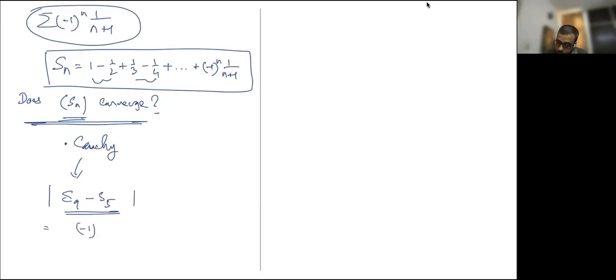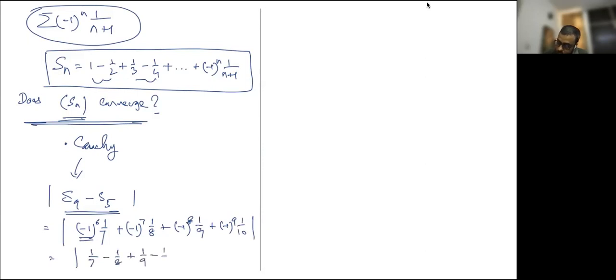So minus 1 to the power 6, 1 over 7. Okay, so this is the difference. Now if you take that out, it is just 1 by 7 minus 1 by 8 plus 1 by 9 minus 1 by 10.